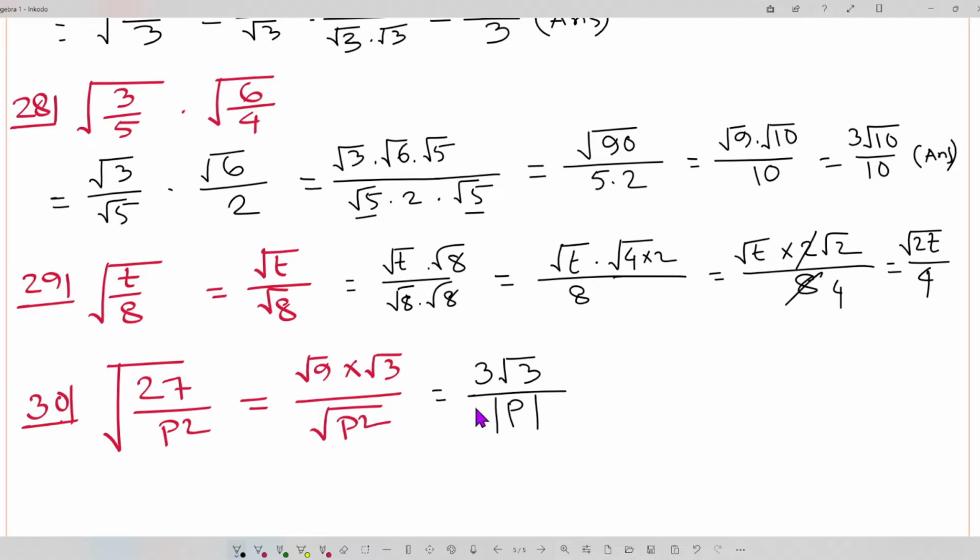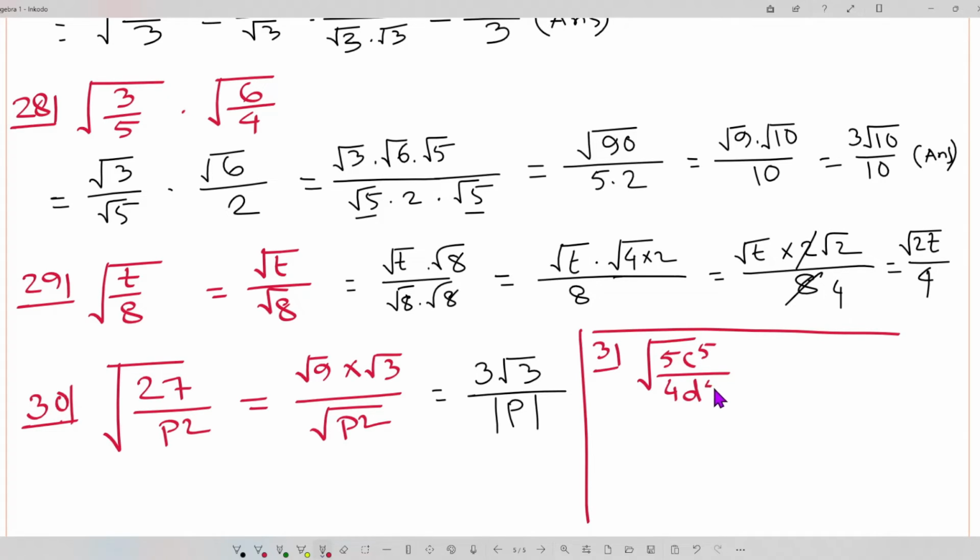Number 31, we can write here, which is root of 5c to the power 5 divided by 4d to the power 5. So this one we can write root 5 times c to the power 4 times c is c to the power 5.